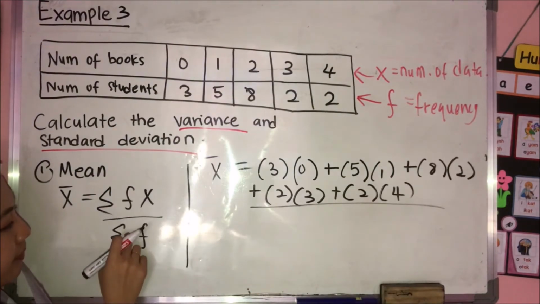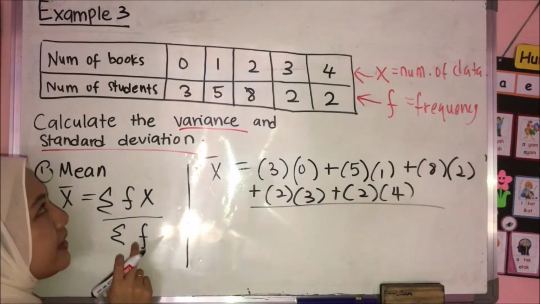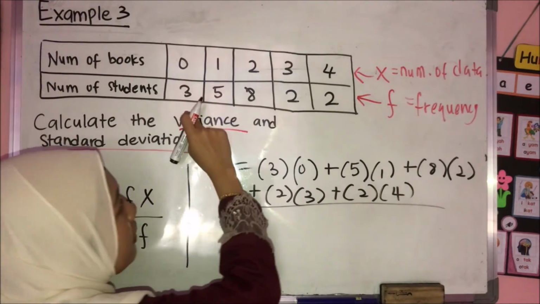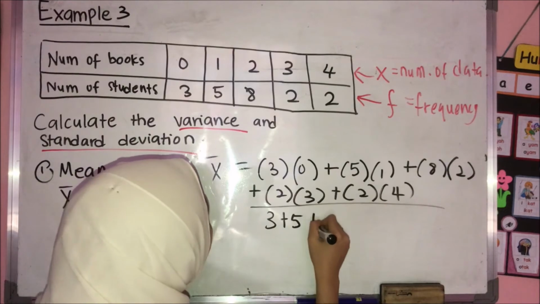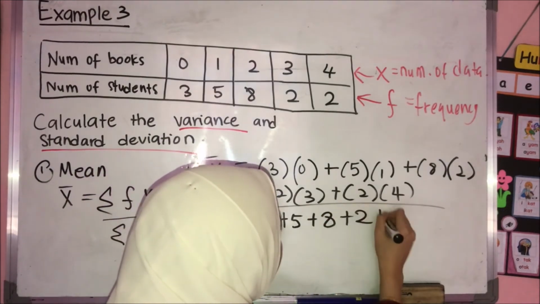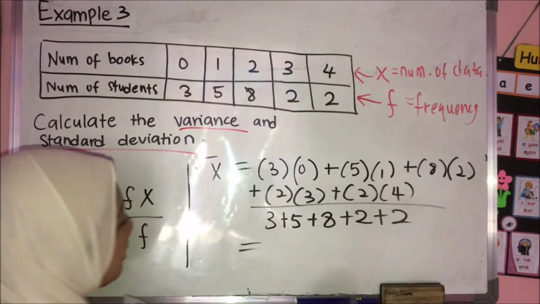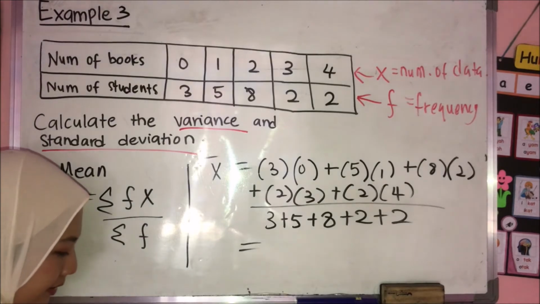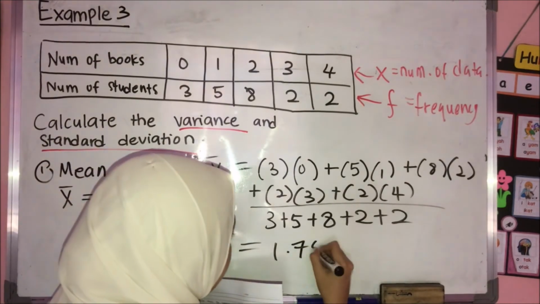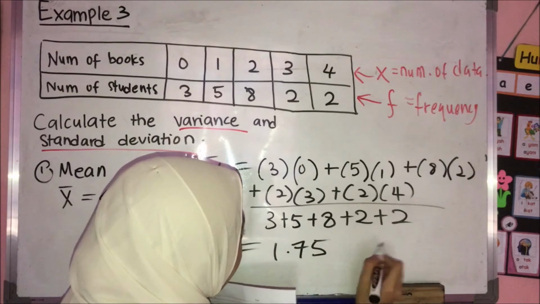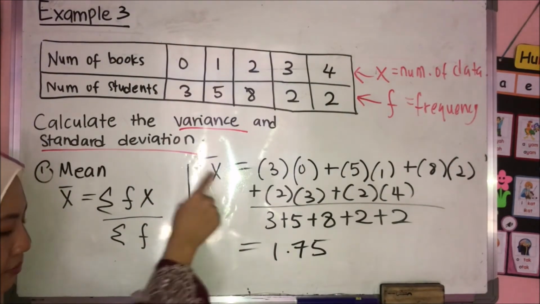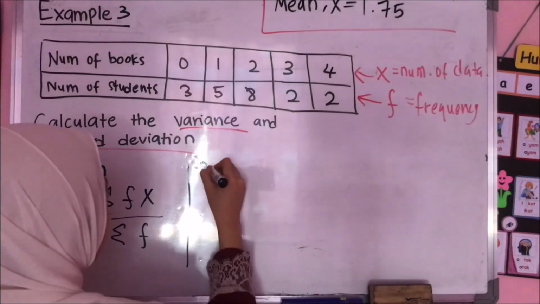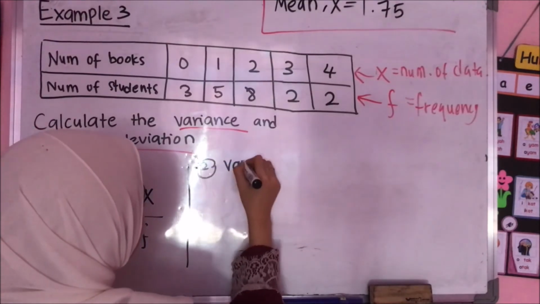Fx divided by the sum of f. The sum of f is, we sum all this frequency, 3 plus 5 plus 8 plus 2 plus 2, and then we got the answer 1.75. This is mean. The second step is find the variance.